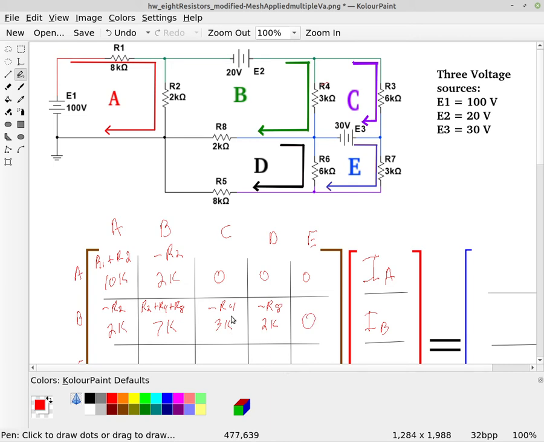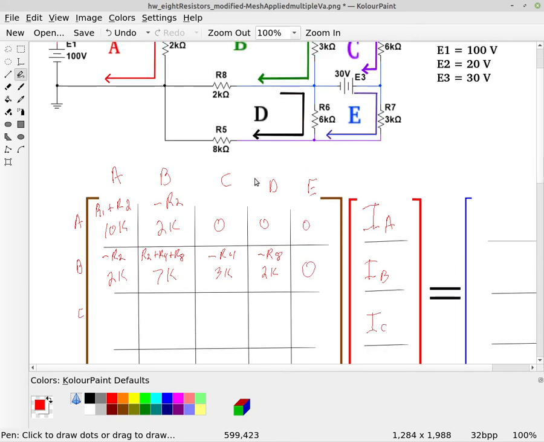So again, we find the spot where the column C and the row C touch, and those are going to be a plus R3 and a plus R4, which is a 3K and a 6K. So that's going to be 9K. And then we're going to subtract off. Well, loop A doesn't touch loop C in any way, so that's simply 0.